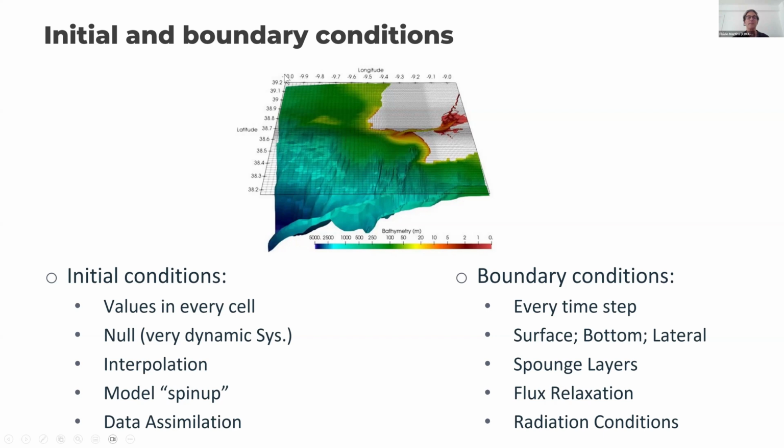So avoid putting the boundary close to your region of interest. And sometimes we use these sponge layers, which are some stripes around the boundary where we have very high coefficients of diffusion to stabilize the imposed boundary, okay?